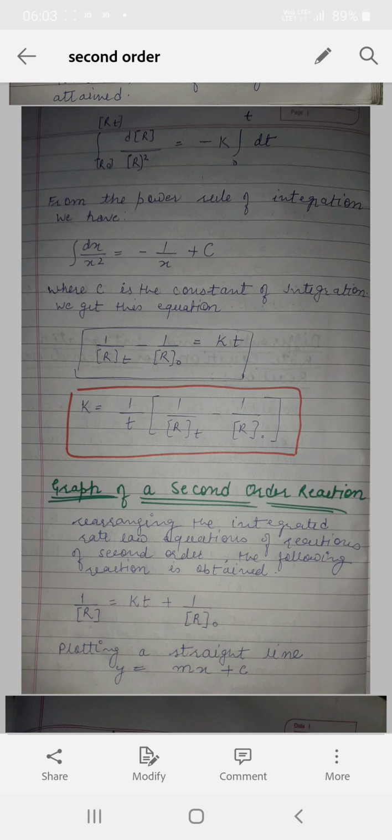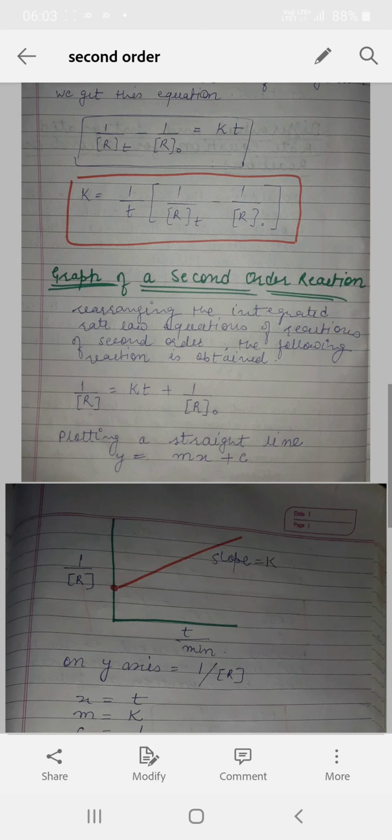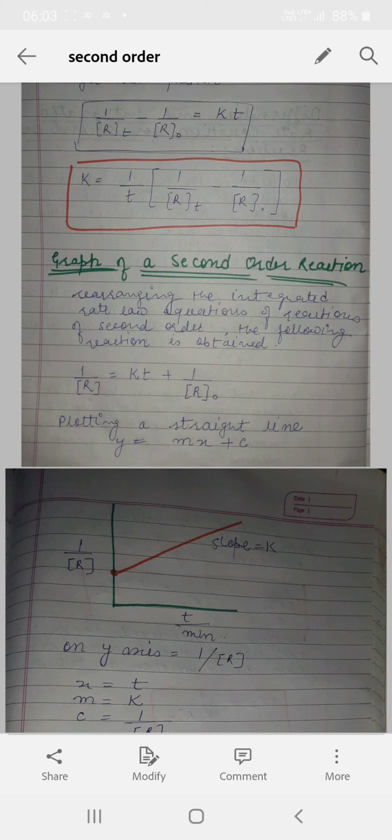Do you understand it? Yes. Ahead, we see here graphs of second order reactions. On rearranging this integrated rate law equation of the second order reaction, the following equation is obtained: 1/[R] is equal to kt plus 1/[R]0.